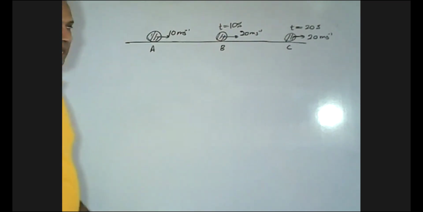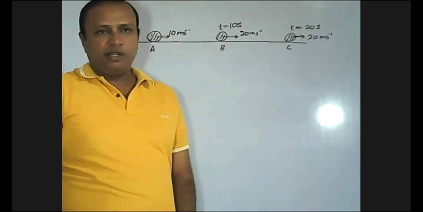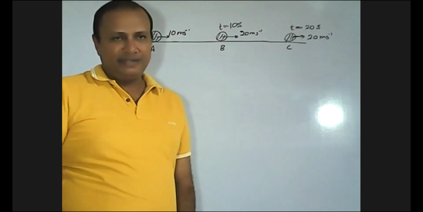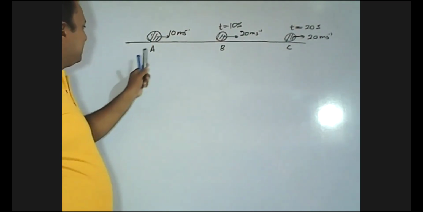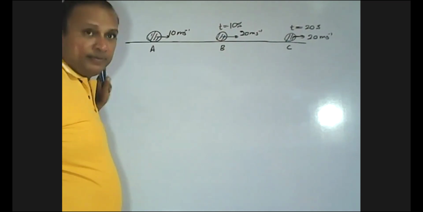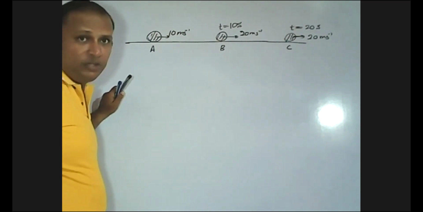Suppose you are asked to find the initial acceleration of that object. From A to B there is acceleration. From B to C, the acceleration is 0.